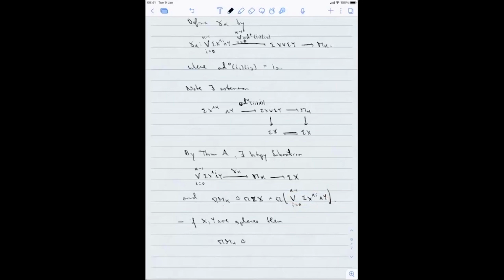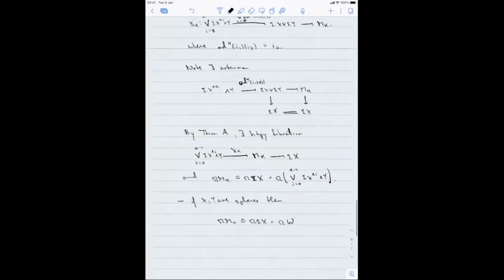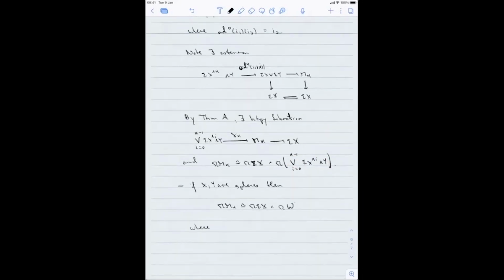So we could write loop mk is loop suspension x, so that would be loop on a sphere, cross loop on w, where w is a wedge of spheres.